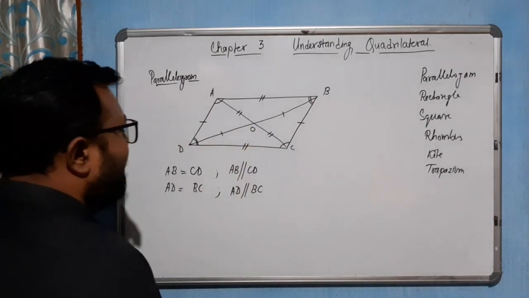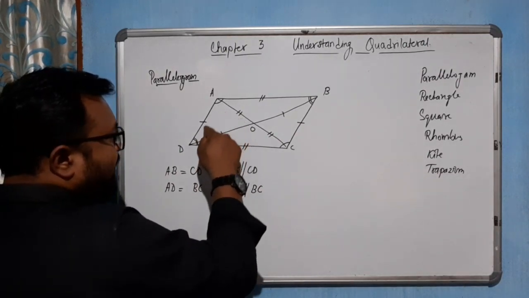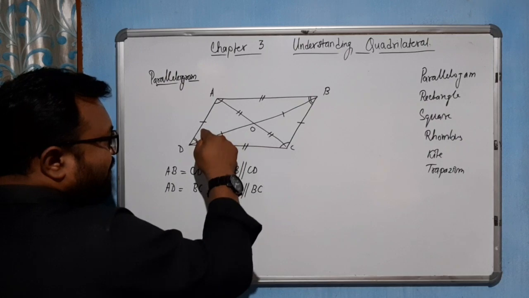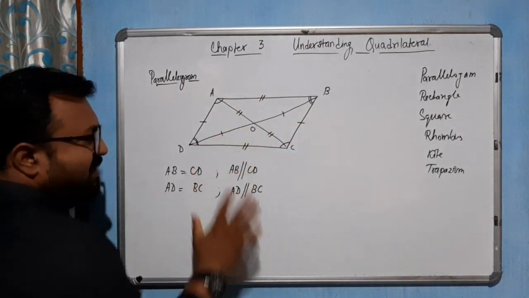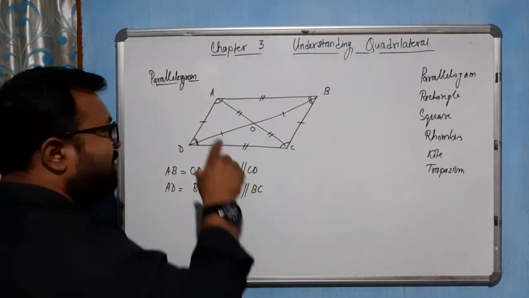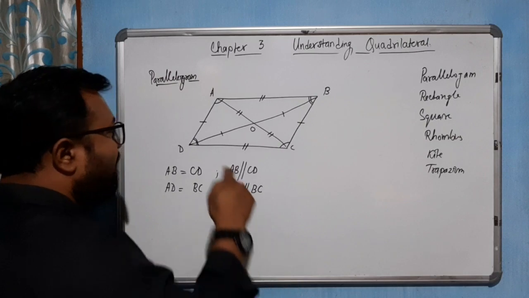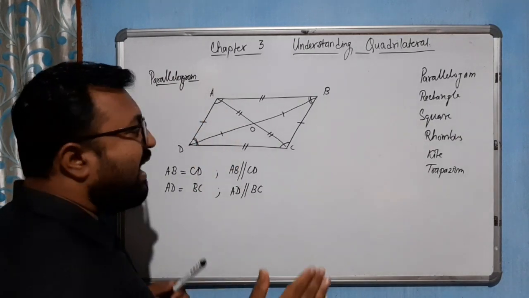Okay, and one of the main things I want to say is about adjacent angles. Either this one, or this one, or this one, or this one. These are adjacent angles. The adjacent angles are supplementary. You can say these two adjacent angles are supplementary, meaning the sum of these two angles is how much? 360 degrees. How will it happen?